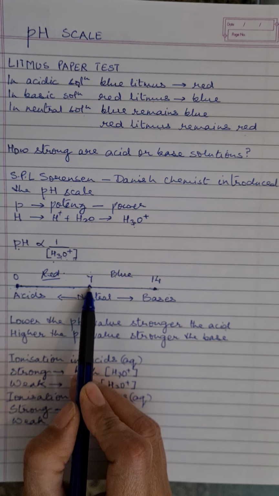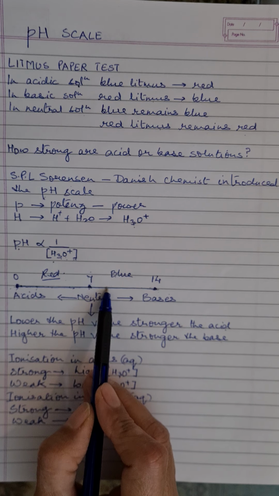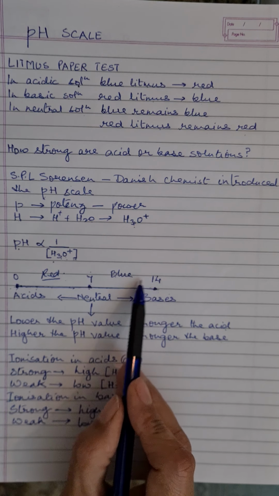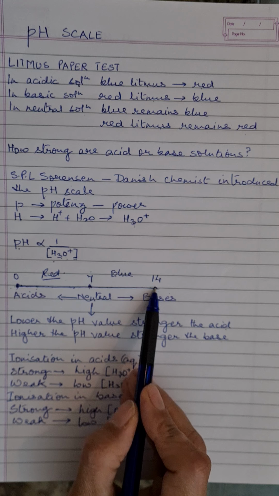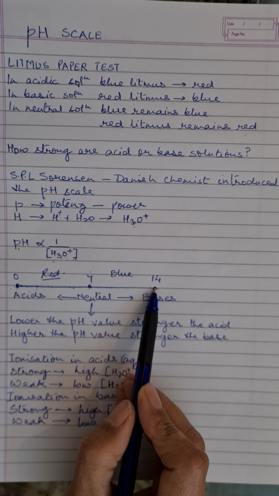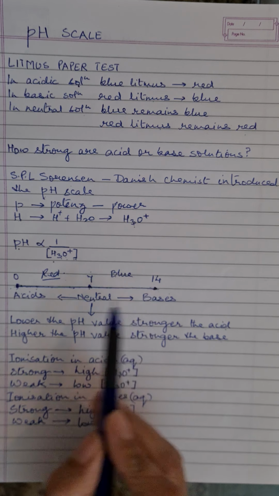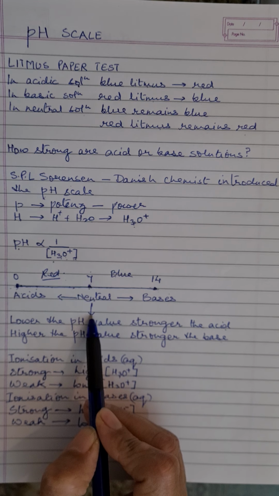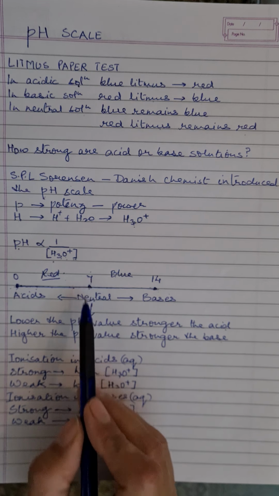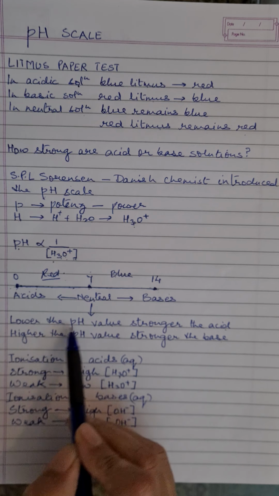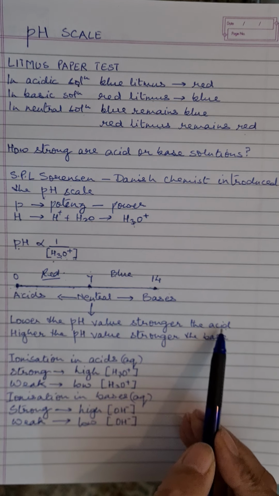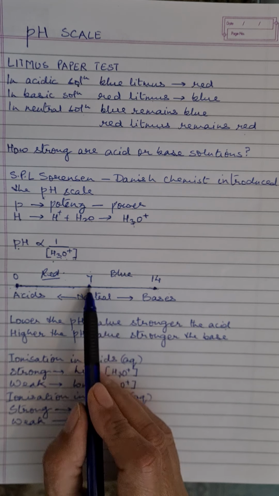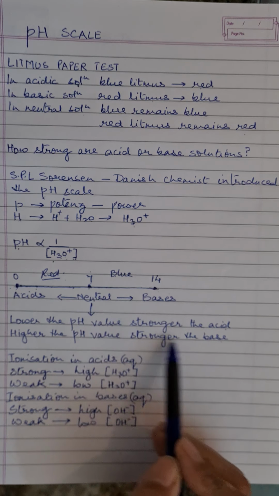Pure water is always neutral. Then we have the weak bases nearer here, that's ammonium hydroxide, and our strong bases such as potassium hydroxide and sodium hydroxide. Now, when we compare with the neutral solution, that means the value of 7, the lower the pH value, the stronger is going to be the acid, as I explained, and the higher the pH value, the stronger is going to be the base.